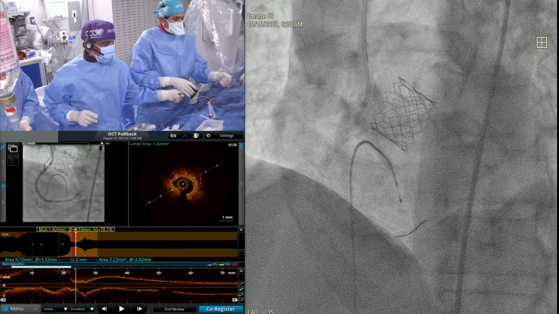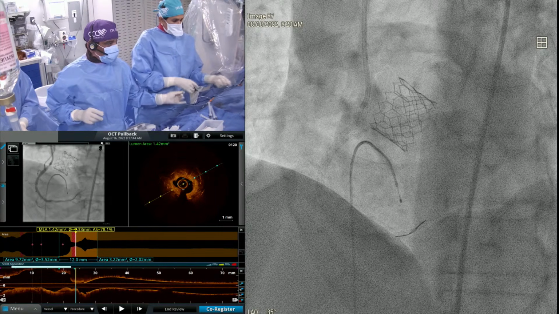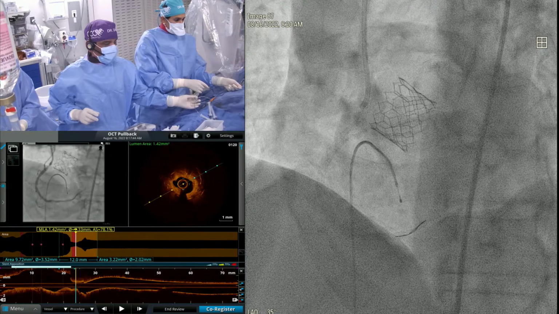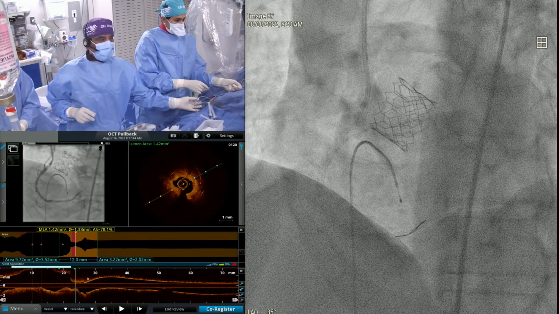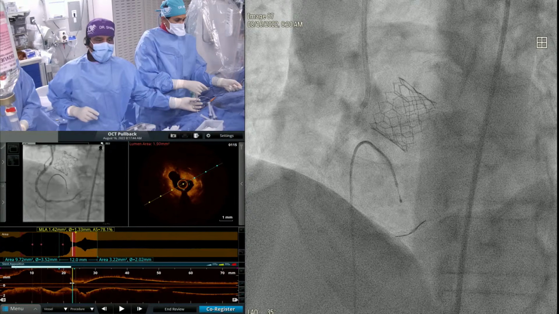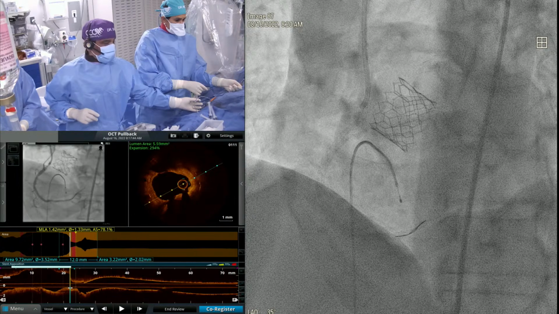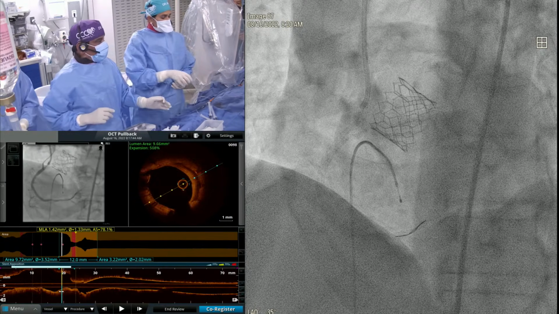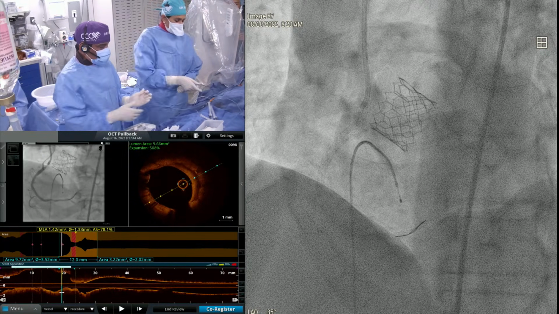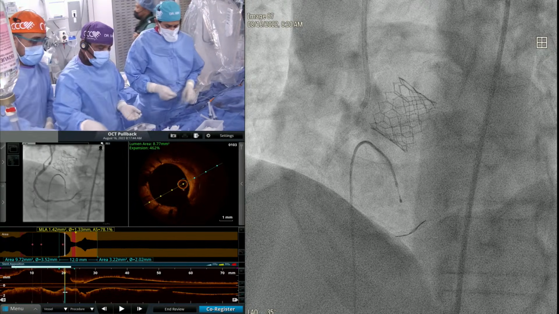I think it's a 1.9 and a 2.0. Okay, so those are peripheral. So 0.9 and 1.4 are coronary. 1.4 will go through the 7 French, and 0.9 will go through the 6 French. And they're all monorail.